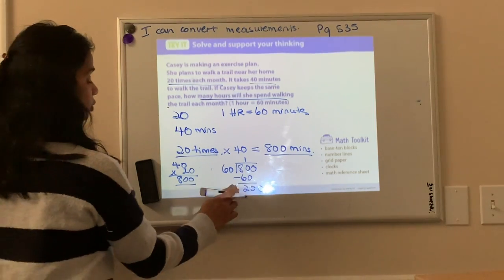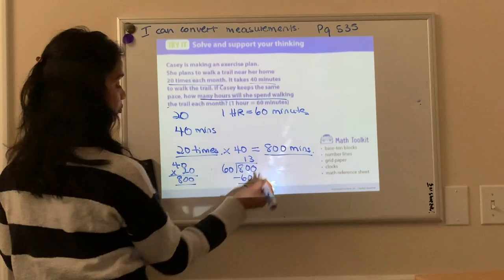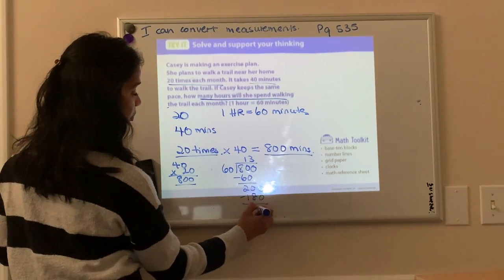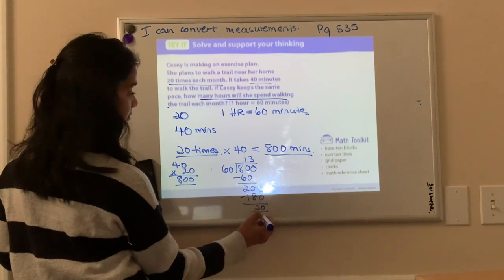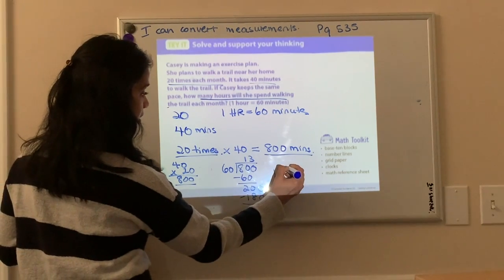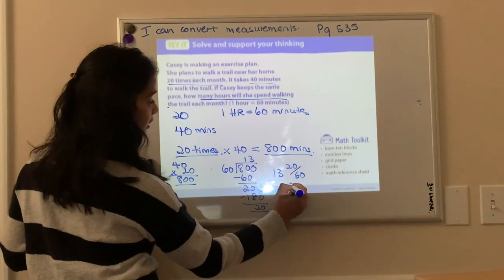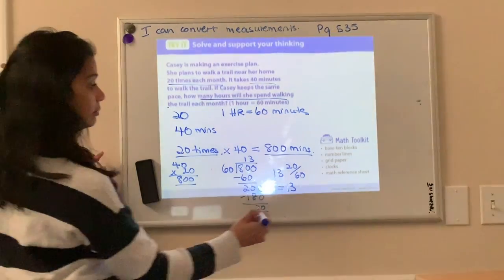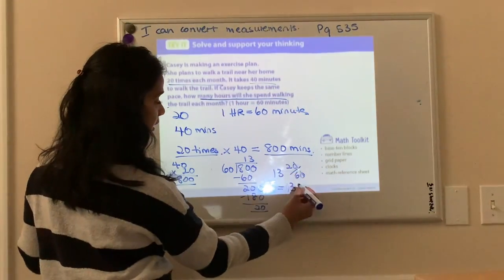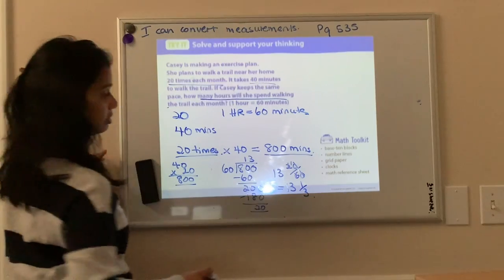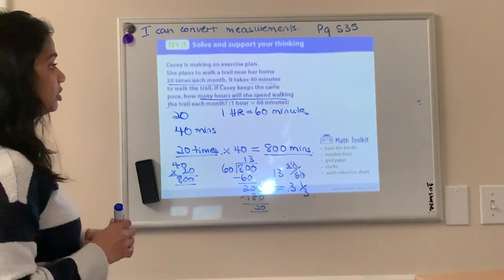And 60 into 200, maybe 3. 6 3s are 18. And we have a remainder of 20. So we have 13 and 20 over 60. And if we simplify 20 over 60, 2 and 2 is 1, 2 and 6 is 3, we get a third. So 13 and a third hours.